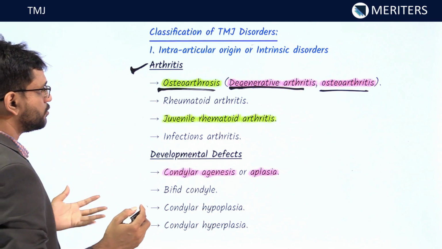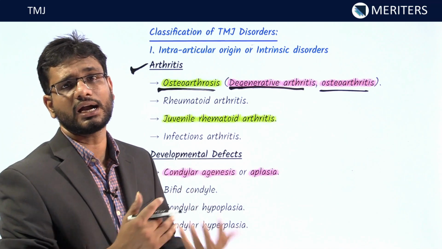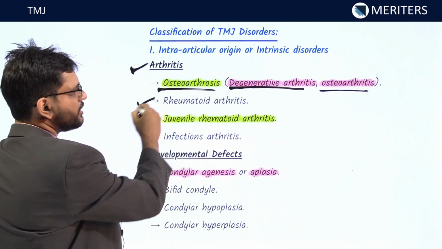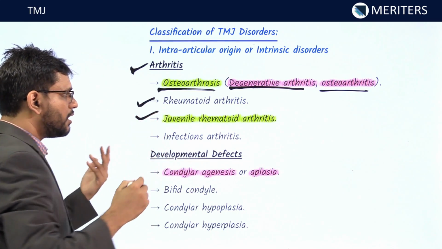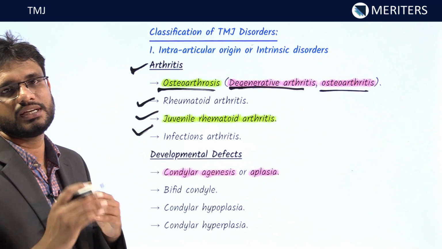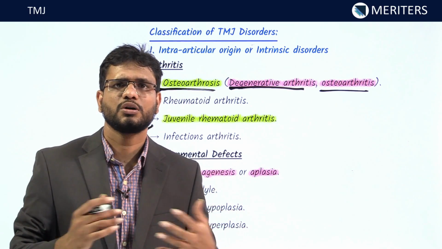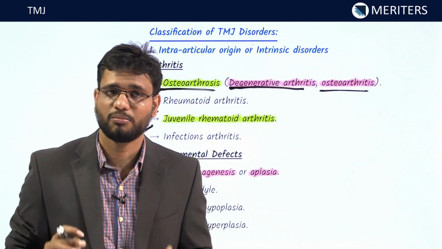Both can lead to degeneration or changes in the articulating surfaces. In the same way, rheumatoid arthritis, juvenile rheumatoid arthritis, as well as infectious arthritis, all are going to change the articulating surfaces of the TMJ, so the glenoid fossa or the condyle, and that is going to create problems.